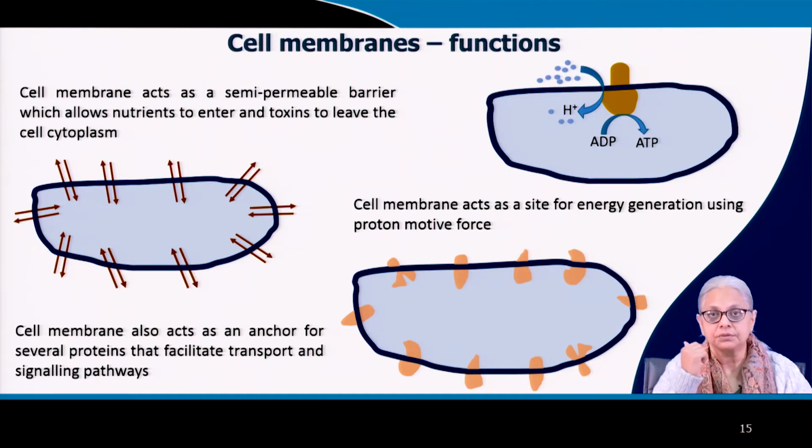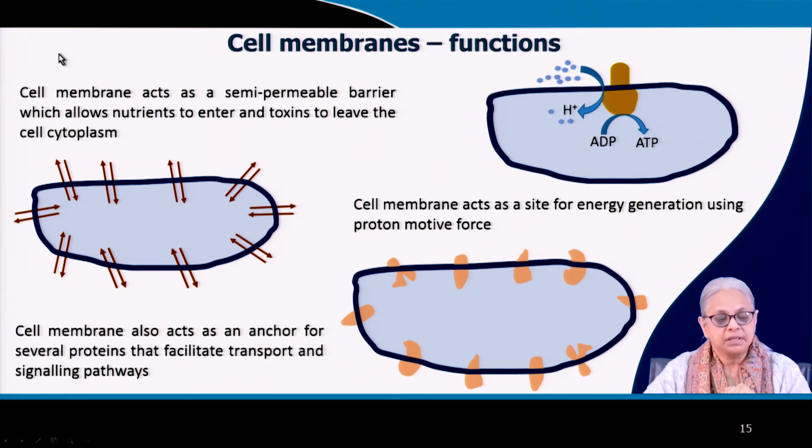What are the functions of the cell membrane? The cell membrane acts as a semi-permeable barrier because it's the phospholipid bilayer that won't allow anything to come in and out. It has become completely clear that nothing can pass through, literally, and maybe only gases like oxygen and other gases can pass through this phospholipid bilayer.